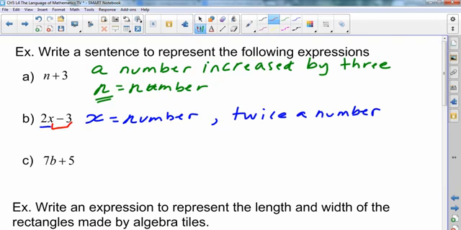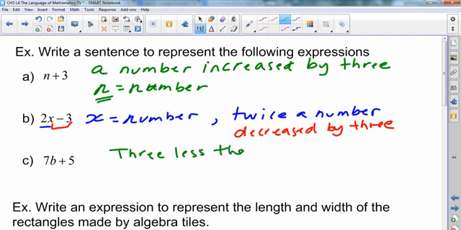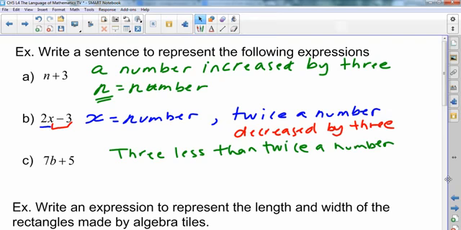Maybe we could say twice a number decreased by 3. Or we could say 3 less than twice a number. So the words don't always have to be in the same order as the expression. Just because 2x comes first doesn't mean it necessarily comes first when we put it in words.